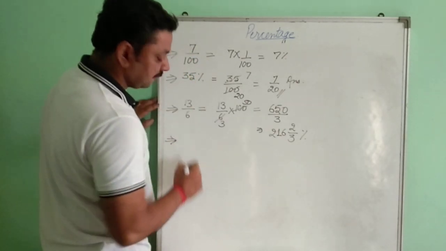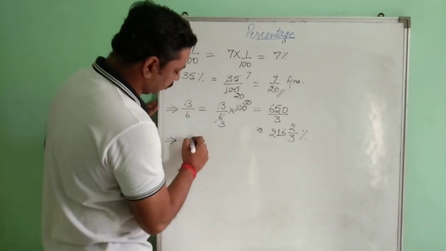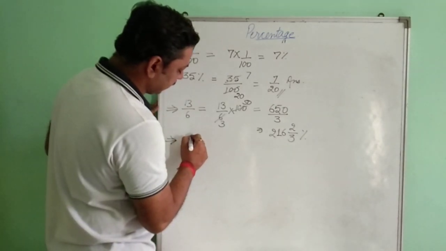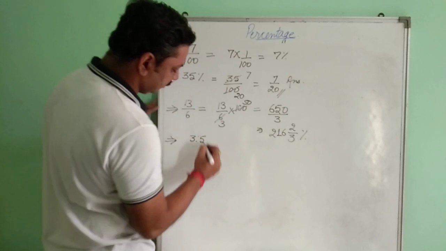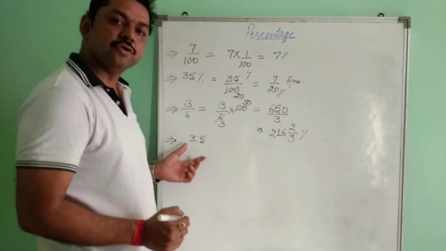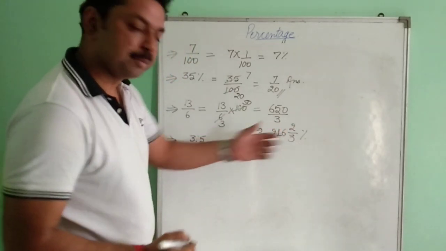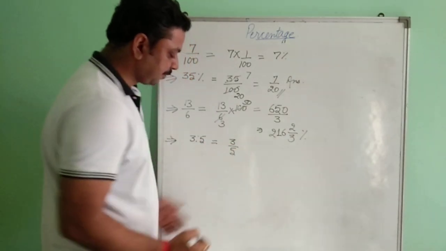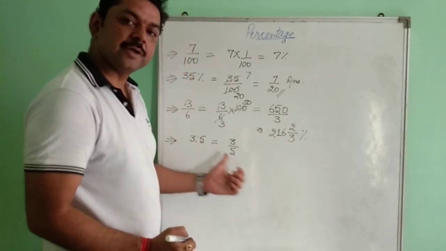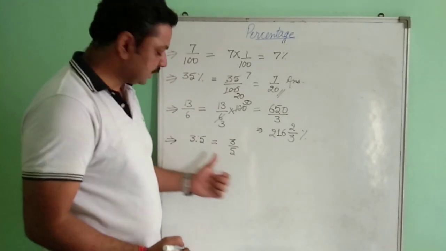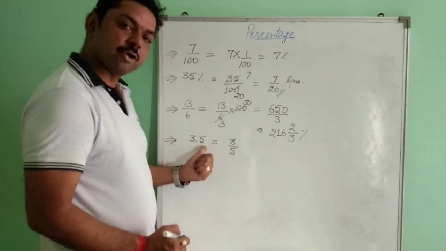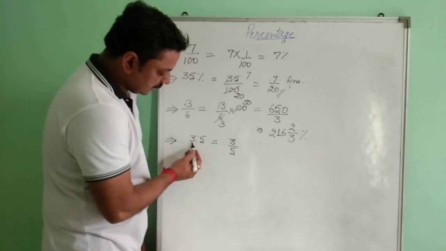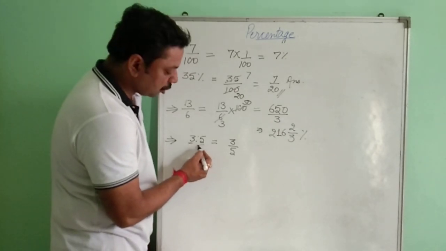Then whenever you have a ratio being given to you, for example, if you have 3 by 5, this is your ratio and you need to convert this ratio into a percentage. What are you going to do? First of all, you will convert your ratio into a fraction. This is your antecedent, this is your consequent.